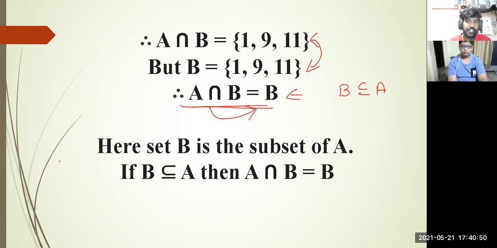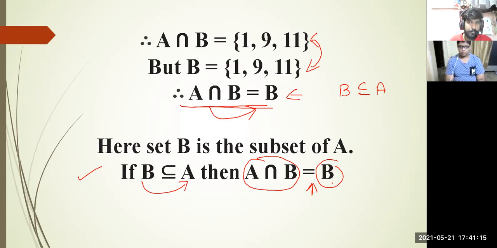So we can generalize this and say it will happen for any two sets that you take. If B is inside A, then A intersection B and B are equal to each other. Have you understood this property? Is it clear?